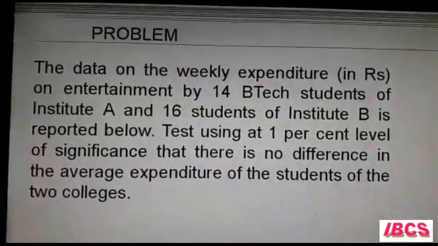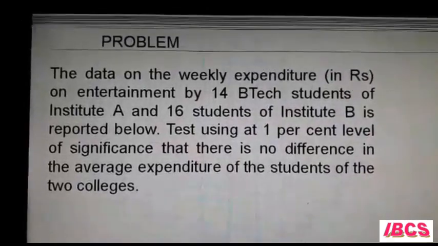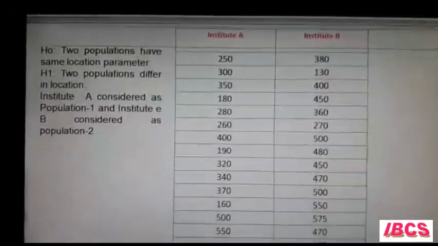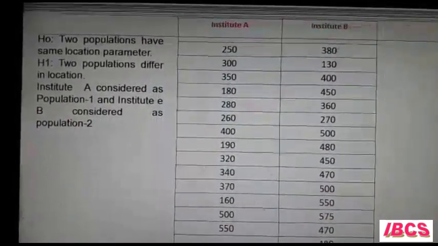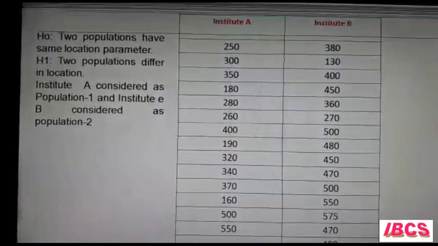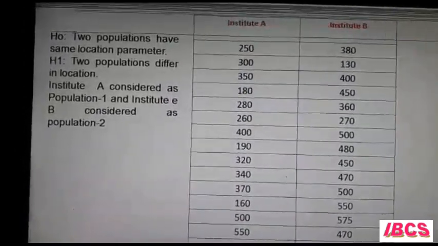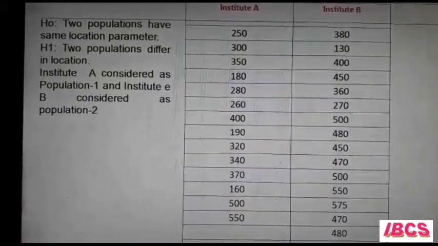So how will you go for the non-parametric test? First, you formulate the null hypothesis: the two populations have the same location parameter, and the alternative is that the two populations differ in location, where Institute A is considered population 1 and Institute B is considered population 2.